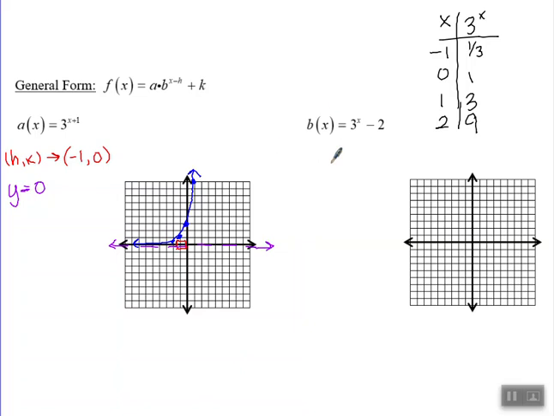If we look at the next example, b of x equals 3 to the x minus 2. Our h, k point is 0, -2, which is right here. Then again, if I use my t-chart up here, from this box, I'm going to go left 1 and up 1/3, over 0, up 1, to the right 1, up 3, and to the right 2, up 9.